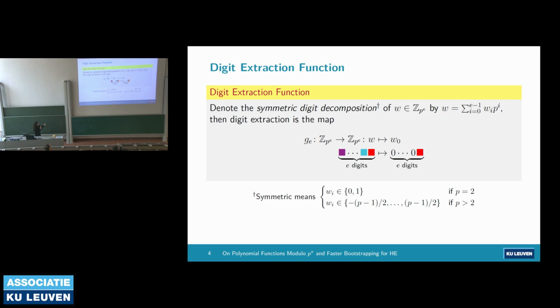We use lowercase g with a subscript e to denote the digit extraction function modulo p to the power of e when p is explicit. Then, using our polyfunction terminology, this digit extraction function is a polyfunction. And previous studies used different methods to find its representations.